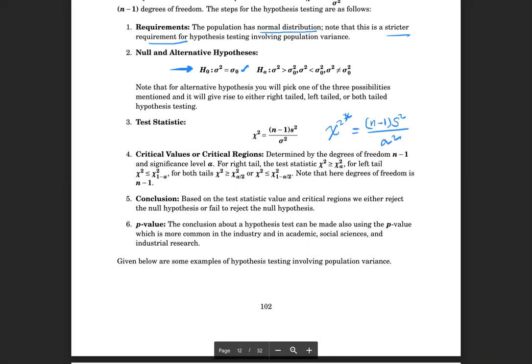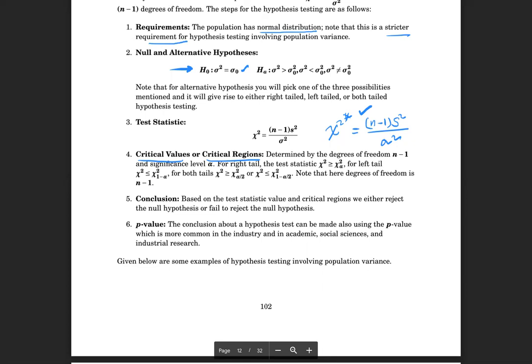That is going to give you the test statistic. And then you will find the critical regions or critical values, and compare the test statistic you found with the critical regions. If it falls in the critical region, you'll reject the null hypothesis. If it doesn't, you won't reject the null hypothesis.